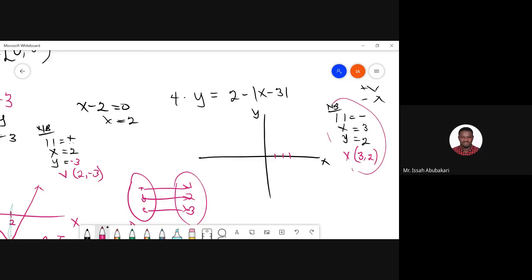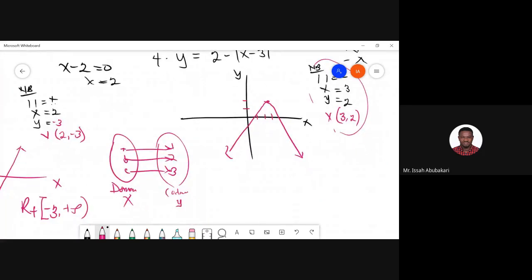And 2, we are going to have it is positive 2. So we are going to go up 2 times. And at the end, where do they meet? They meet here, right? So we are going to have it here. Okay. Mind you, the sign of the absolute number or the absolute bracket is what? Negative. And when it is negative, it goes down. So we are going to have it like this. Like this. Okay.